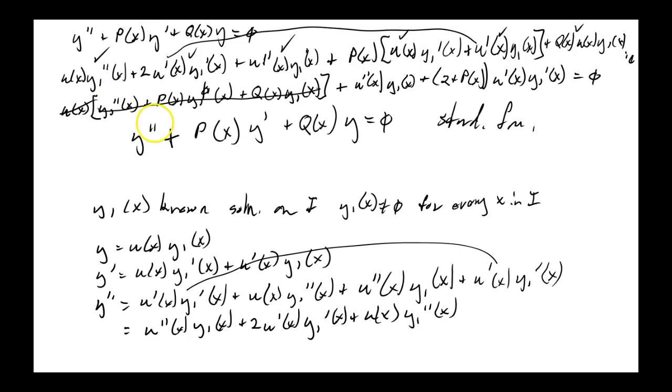So that leaves us with simply this equation: u double prime of x times y1 of x plus 2 plus p of x times u prime of x, y1 prime of x is equal to 0. Okay.